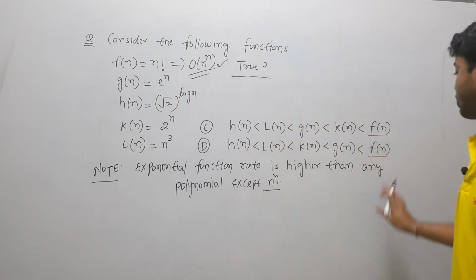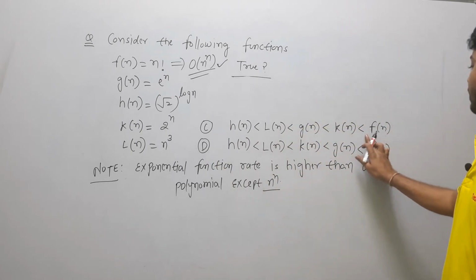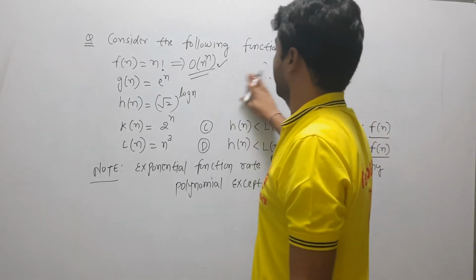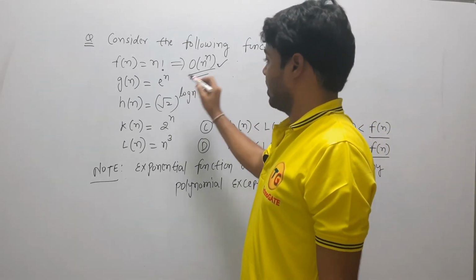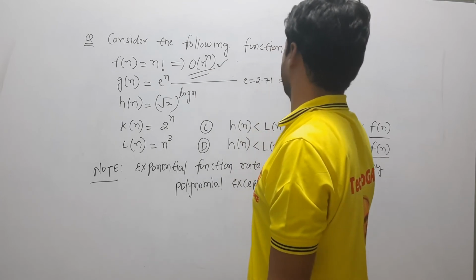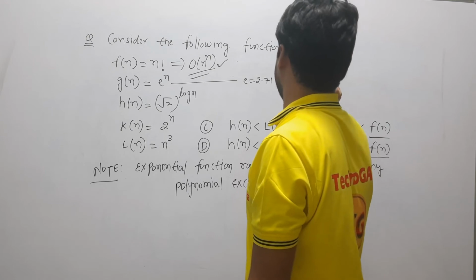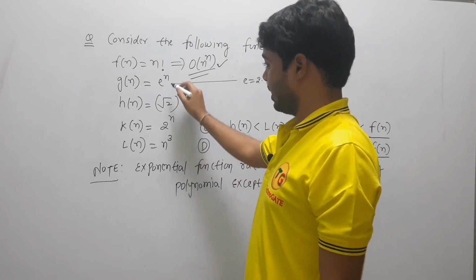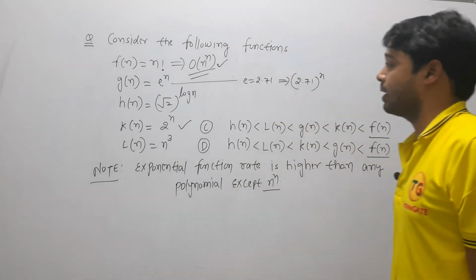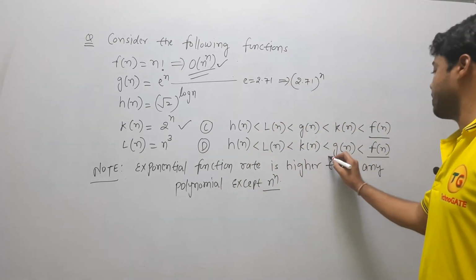So first one is f(n), no problem. Now g(n): e value is 2.71, so it becomes 2.7 raised to power n, and here k(n) is 2 raised to power n. So g(n) is bigger than k(n).